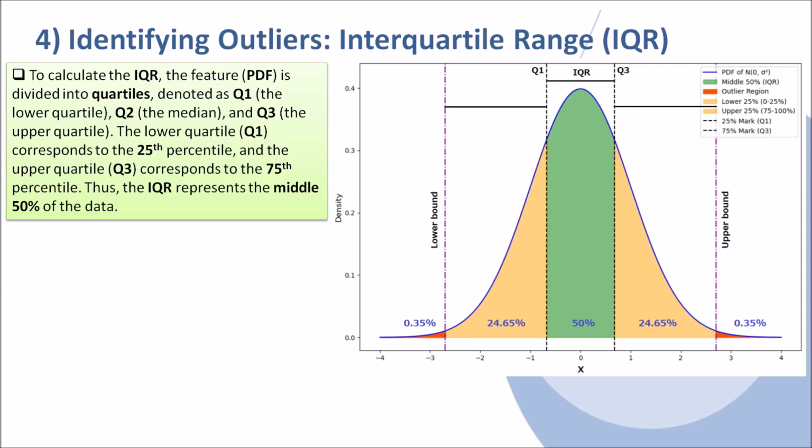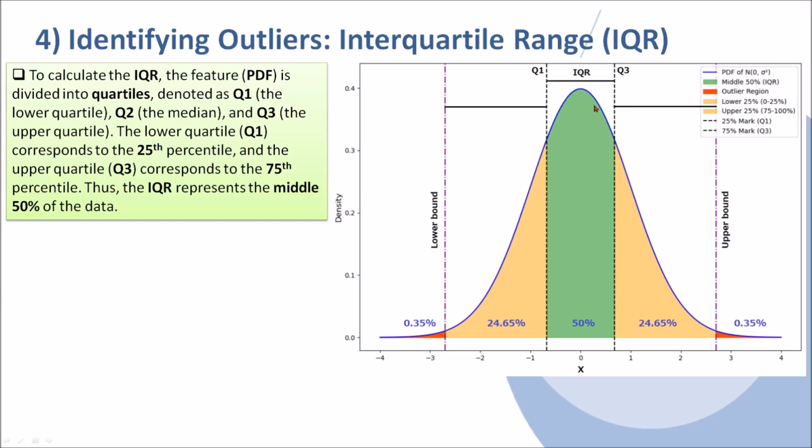Then the upper quartile, Q3, from here, from 75% to 100%, also occupies 25% of the whole data. Therefore, the definition of the interquartile range is, namely, this area.